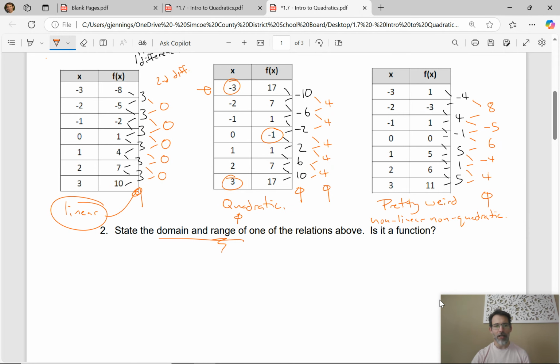So we will probably say x is of the integers, and we have minus 3, minus 2, minus 1, 0, 1, 2, and 3 gives us our domain, and the range.